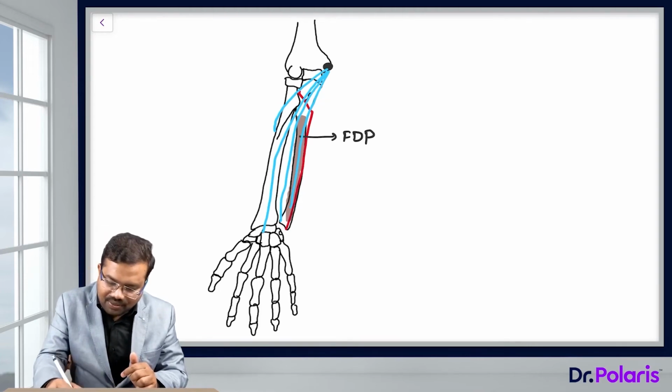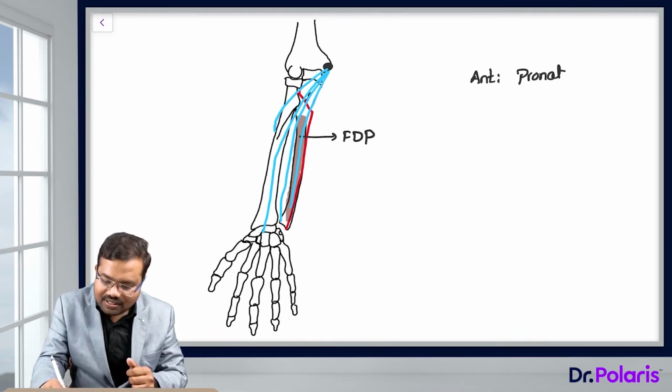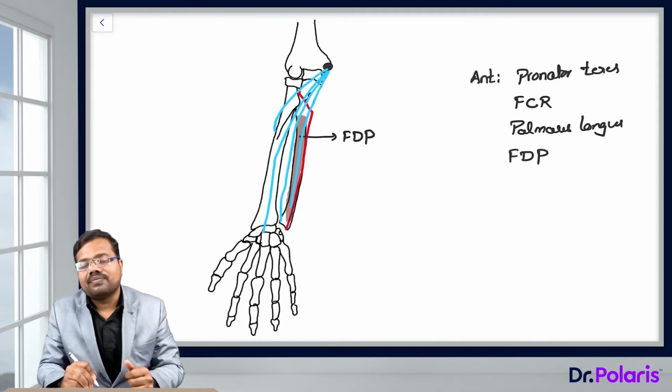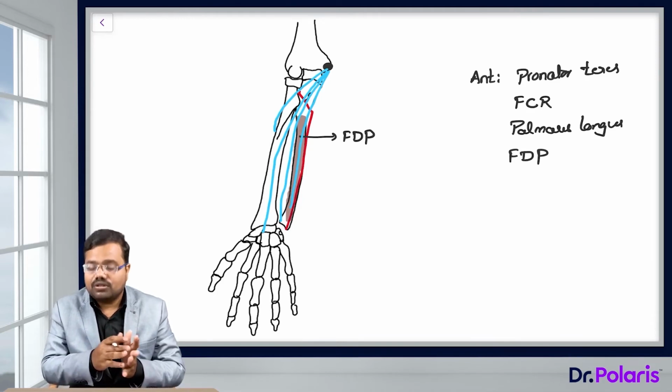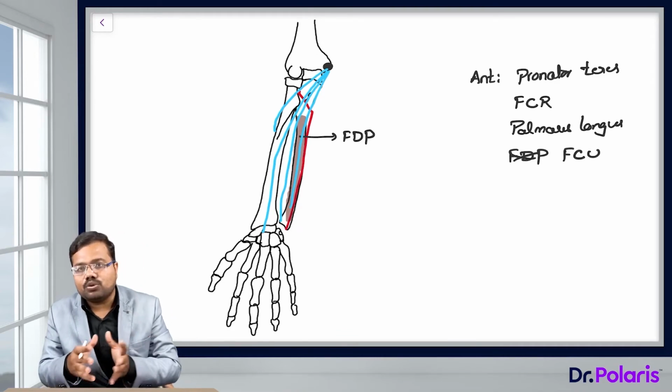Simply to say, anteriorly we have the superficial group of muscles: pronator teres, second flexor carpi radialis, then palmaris longus, and flexor carpi ulnaris. So these are the superficial muscles.